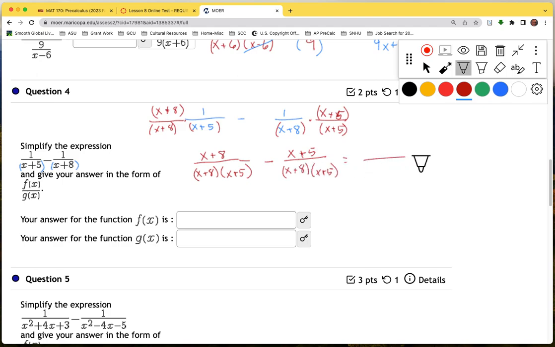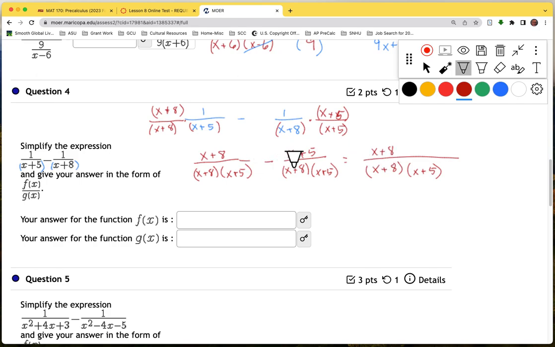So now that they have a common denominator, we can write them as one fraction. We get the x plus 8 here.